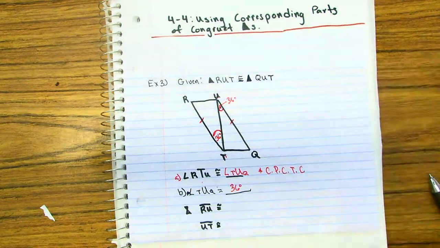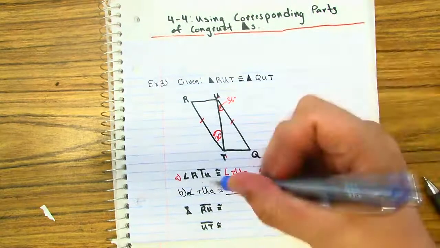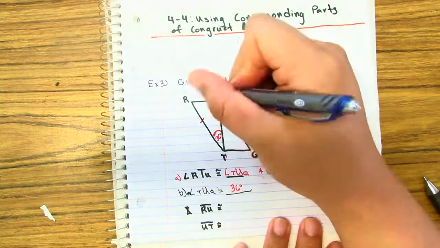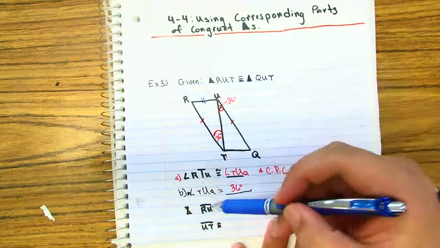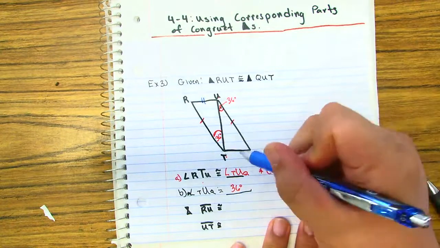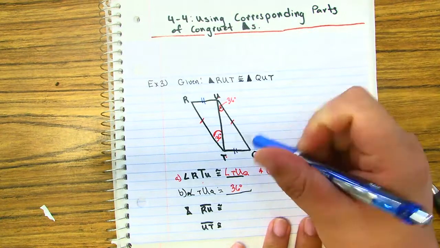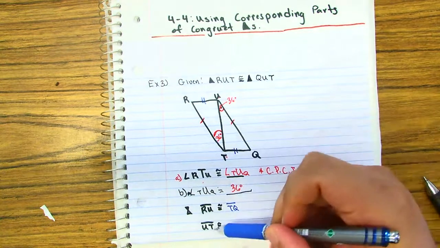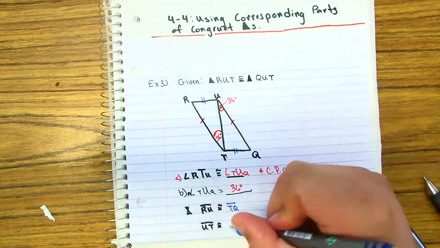Okay. And the last two examples I'm going to give out is what segment is congruent to segment RU. Segment RU is going to be congruent to the segment TQ on the triangle on the right. And the last one is UT.